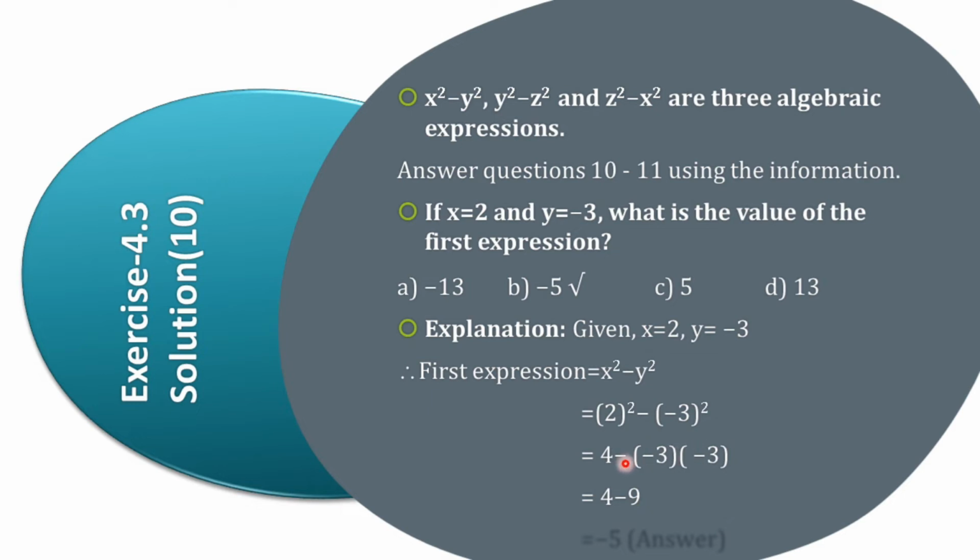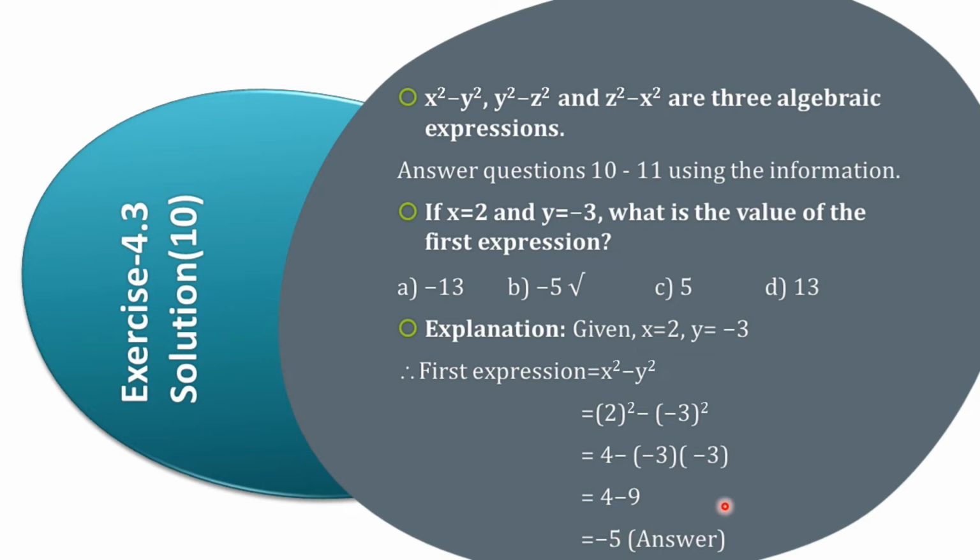That's why here we will write plus 9, but beside the bracket, as you can see on the left side, there is a minus sign. That's why we will write 4 minus 9. And from 4 minus 9, as you know, minus and plus, that would be minus. So from 9, if we subtract 4, we will get 5.